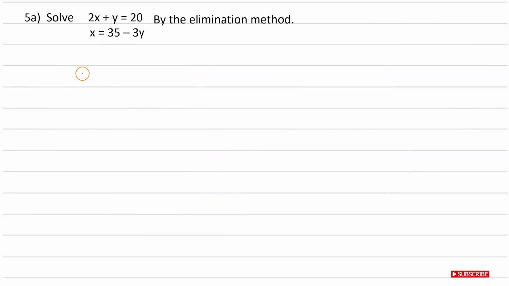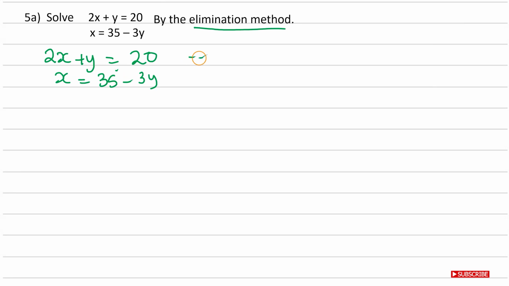And now for 5a, we are given these two simultaneous equations, and we're asked to specifically solve by using the elimination method. First of all, we do need to rearrange this second equation. So let's take them down here. We have 2x plus y equals 20, and then x equals 35 minus 3y.